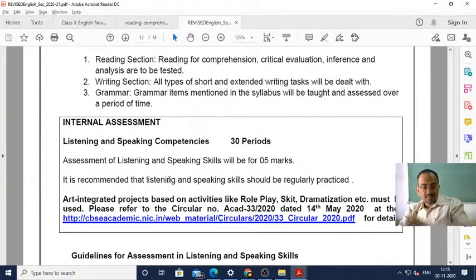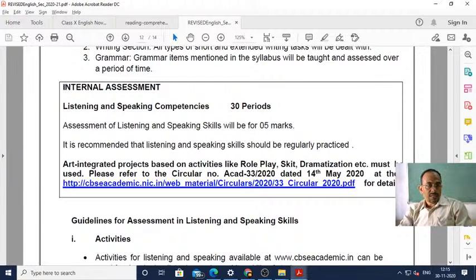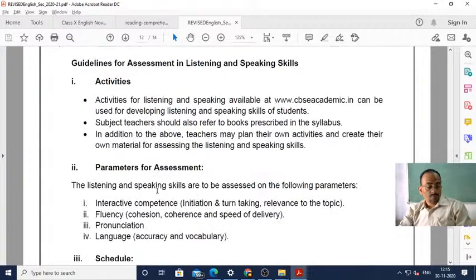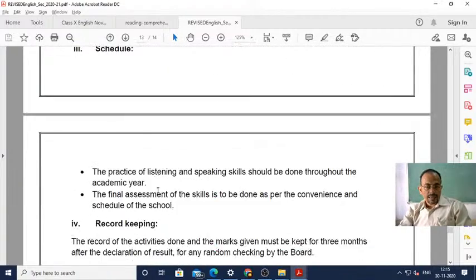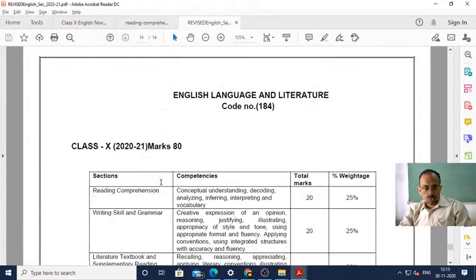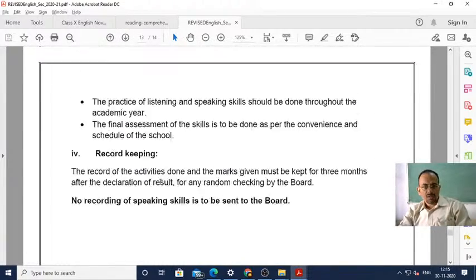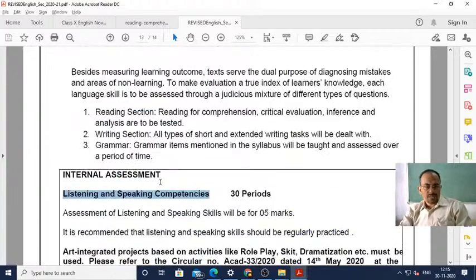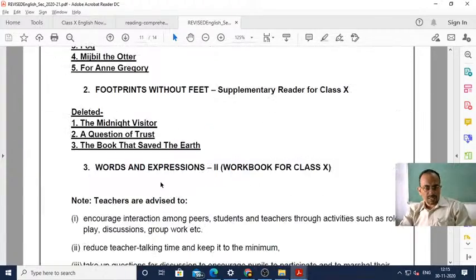And then listening and speaking: 20 marks will be internal assessment, that is listening and speaking competencies. I have given you some tasks, you do them and send them to me. Today also I'll send you the link so that you can practice and send me, because you need some practice of listening and speaking skills.